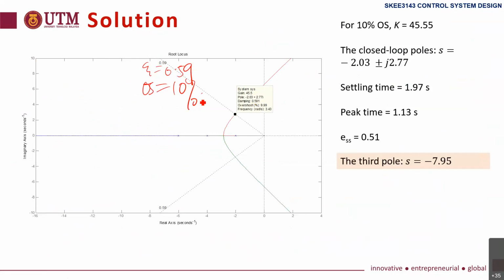The closed loop pole here is minus 2.03 plus j2.77. Of course, we can get the settling time Ts equal to 4 over zeta omega n. We get 1.97. Peak time pi over omega d, we get 1.13. You can calculate error. And we can also calculate the third pole.